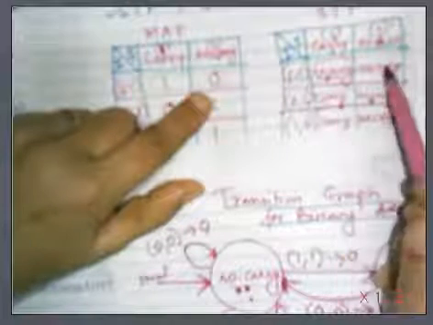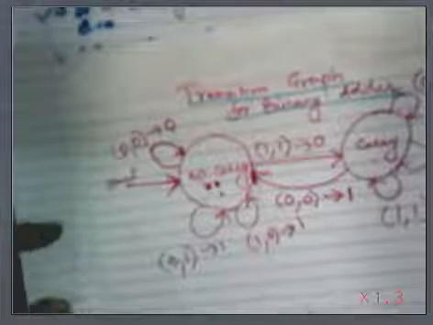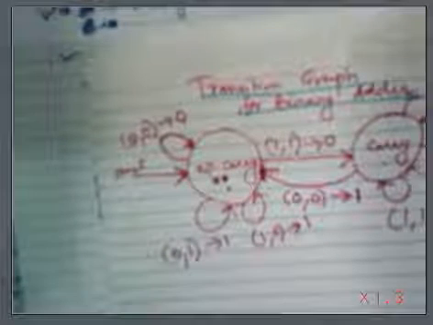Now, when it is in no carry state and input is 0 0, what is the next state? The next state was no carry state. That's why this self loop is made. In this way, you have to represent each and every entry of the MAF and STF in this transition graph.